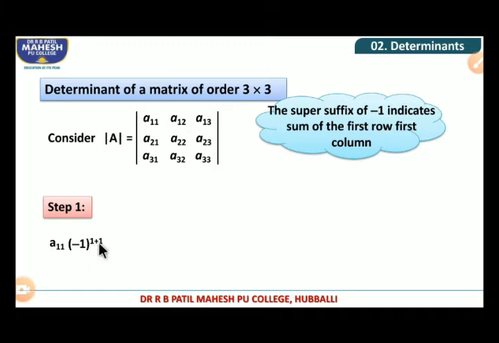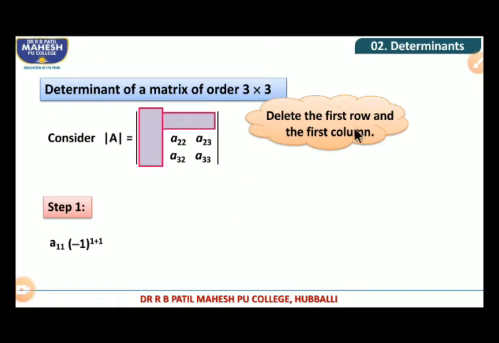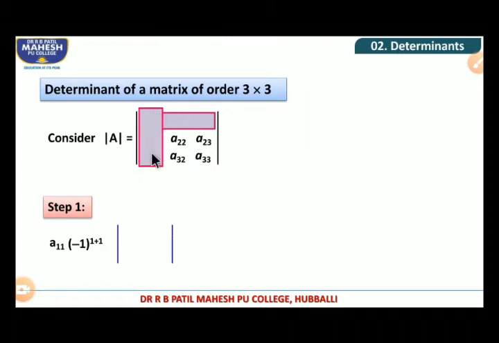So we have taken 1 plus 1, which is multiplied with the determinant obtained by deleting the first row and first column, because that element is present in the first row and first column. The remaining determinant is multiplied with this whole term. That is A22, A23, A32, A33. So that is step 1.